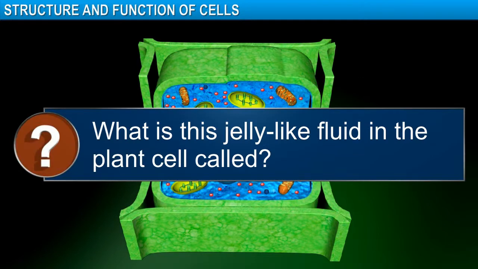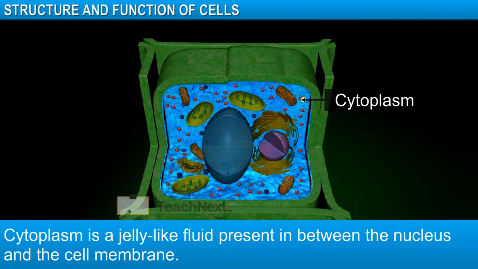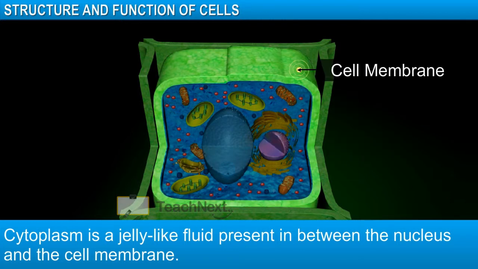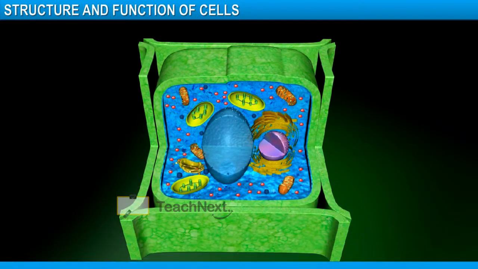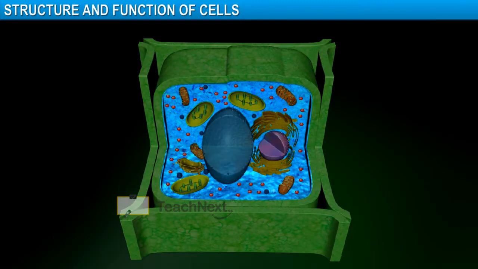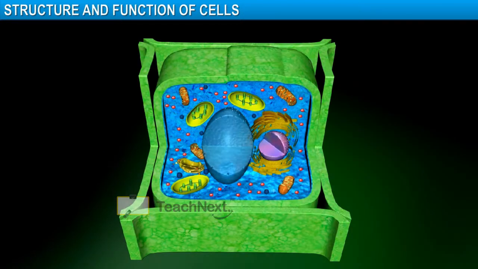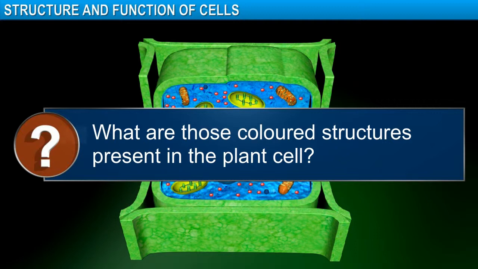What is this jelly-like fluid in the plant cell called? Cytoplasm is a jelly-like fluid present in between the nucleus and the cell membrane. It contains a number of organelles. What are those colored structures present in the plant cell?